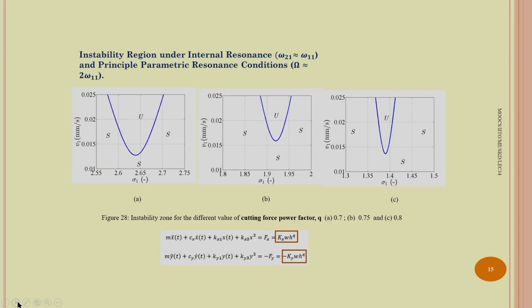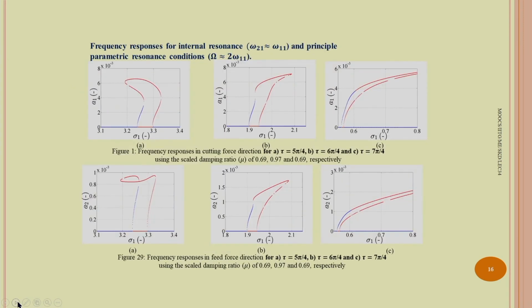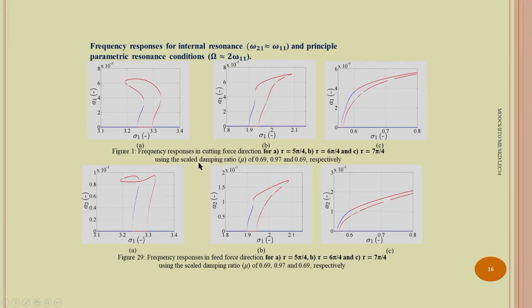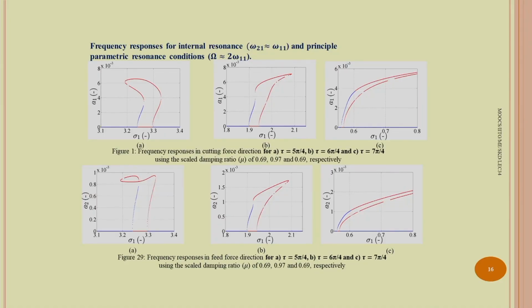Similarly, we can vary different parameters and study the instability region. In addition to the parametric instability region, one can plot the frequency response plot also. If someone operates in the unstable range, for example, one wants to have texture in the turning operation, then he can operate in the unstable region.